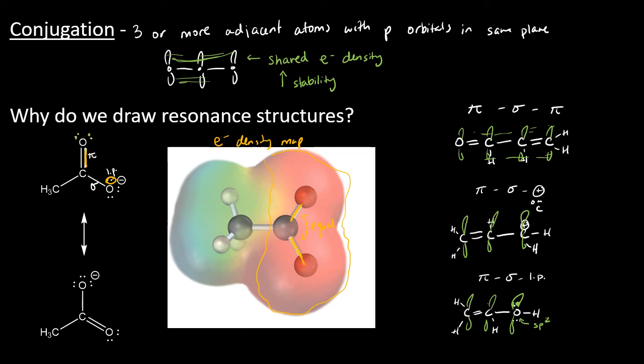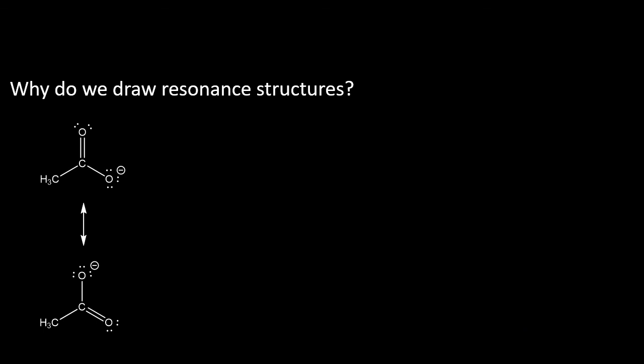So to take this into a maybe more relatable example, again, if we think of these two resonance structures, they're showing us that the negative charge is shared between those two oxygens.